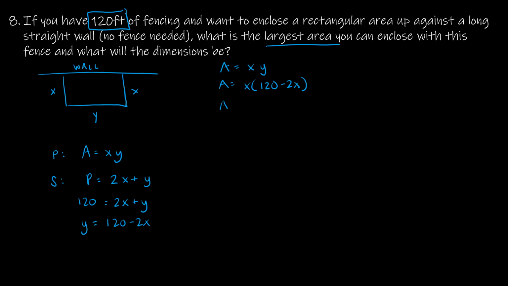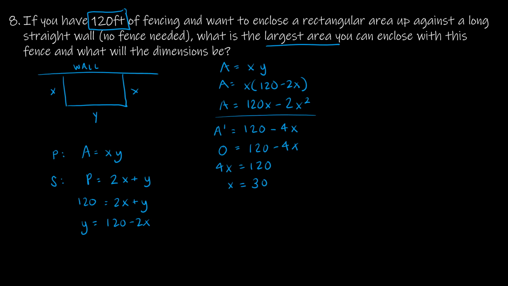I'm going to go ahead and multiply that out, 120x minus 2x squared. I'm then going to find the derivative of that. So that's 120 minus 4x. I then want to find the critical numbers, so 0 equals 120 minus 4x. Add 4x to each side, divide by 4, x is 30.